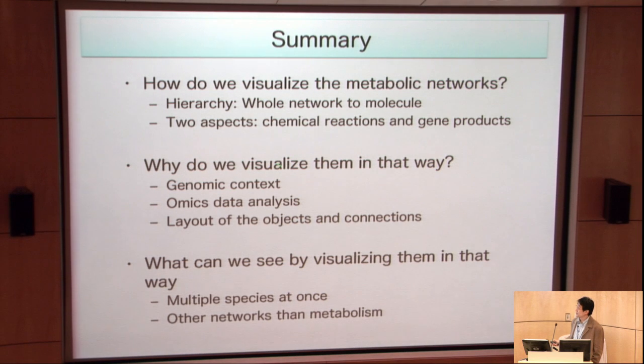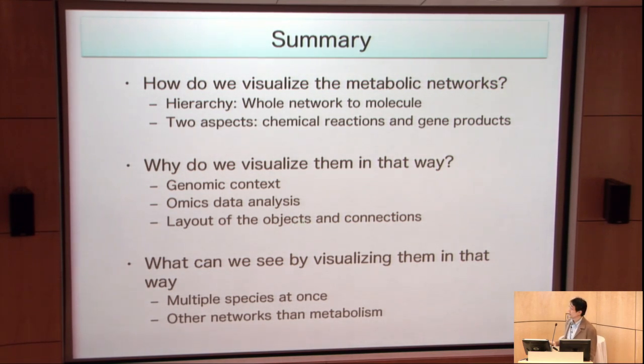And why do we visualize them? We would like to connect the chemical metabolic reactions to the genomic context. And to do that, we can also use them for omics data analysis. And another important issue is the layout of the objects and the connections in the pathway diagram.